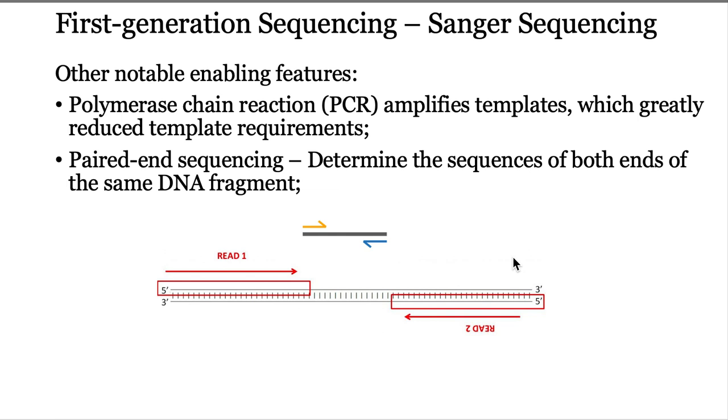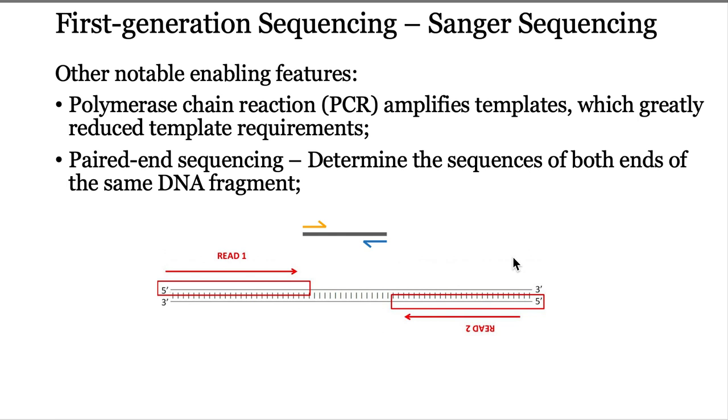Paired-end sequencing enables us to read the other strand of the same fragment. So you can get 2 reads from the same DNA fragment, and paired-end sequencing is very important for us to assemble genomes.